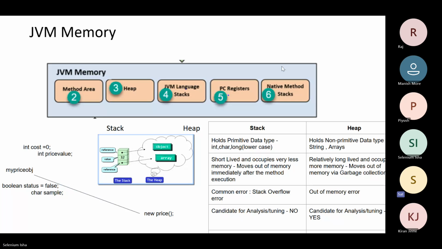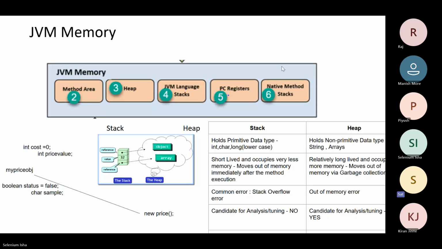Now, the stack and heap, these are the two important components within JVM memory. In Java, there is something called primitive data type and non-primitive data type. Don't get confused with these terminologies. It's not really important for us. I'm just giving some examples.